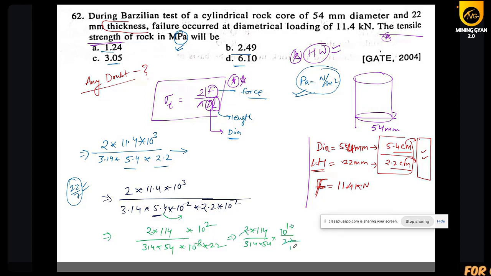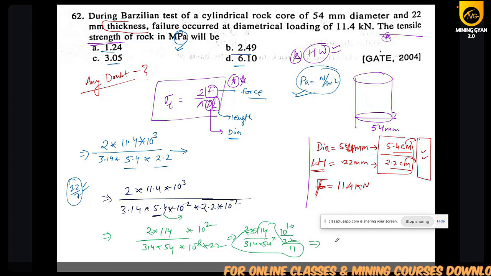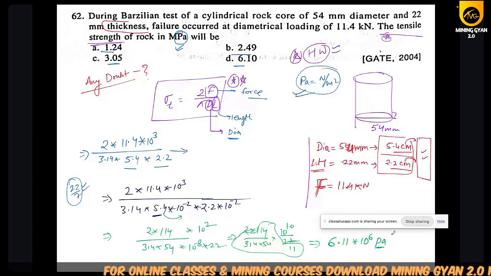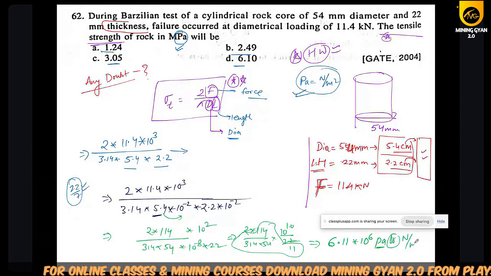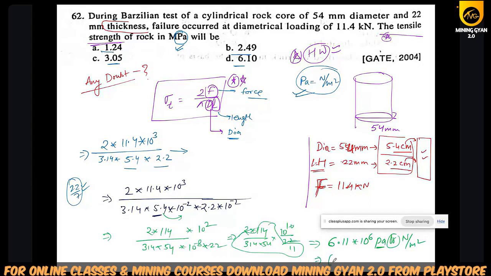Now just solve this calculation. You will get 6.11 into 10 to power 6 Pascal, or Newton by meter square. It will become 6.11 megapascal is our answer. So answer will be 6.10 megapascal. Okay, so this question was just formula based.